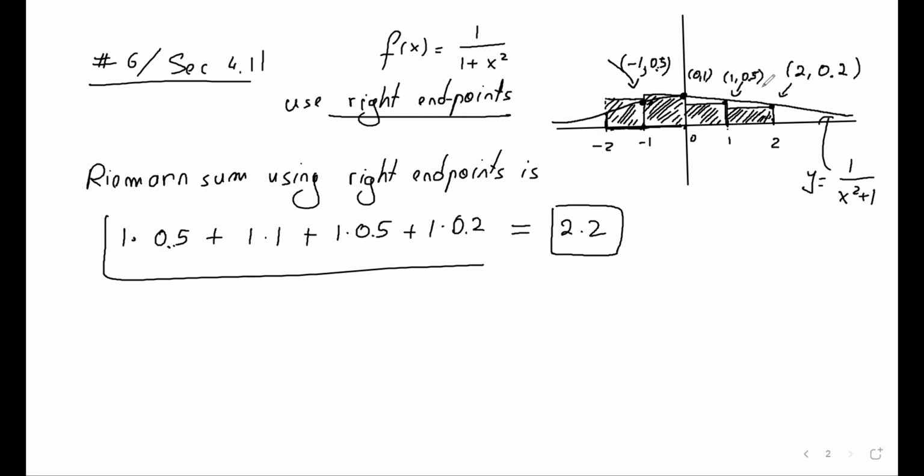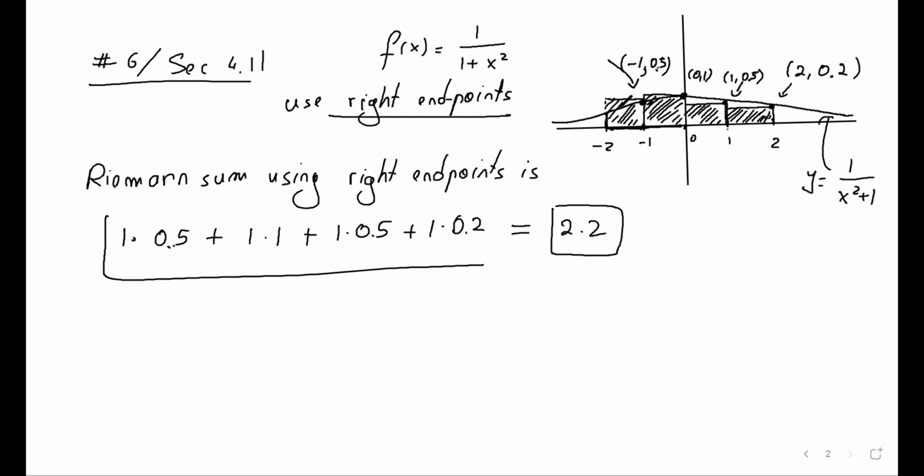Now Riemann taught us that this would be sufficient to calculate the area under the graph. This would give us a good approximation.